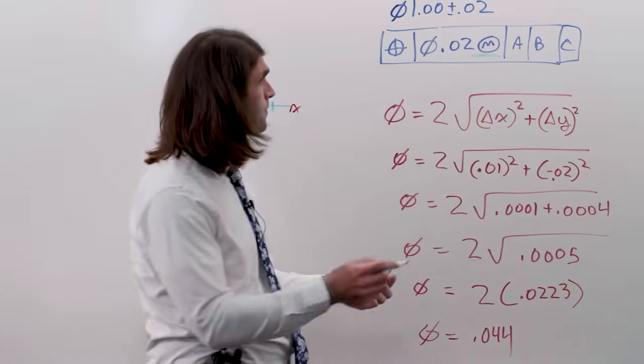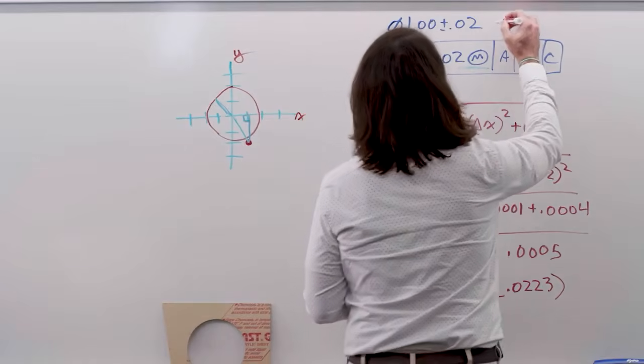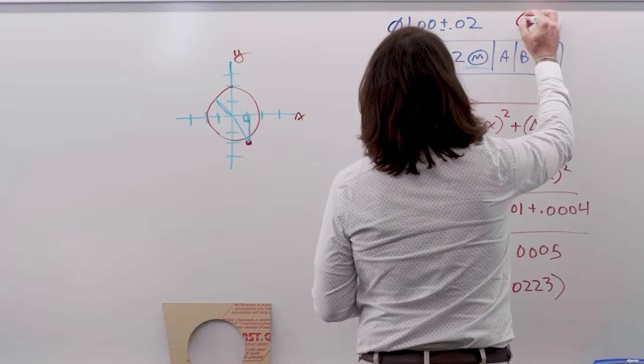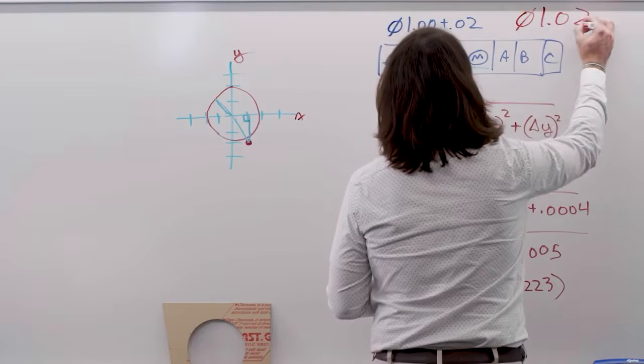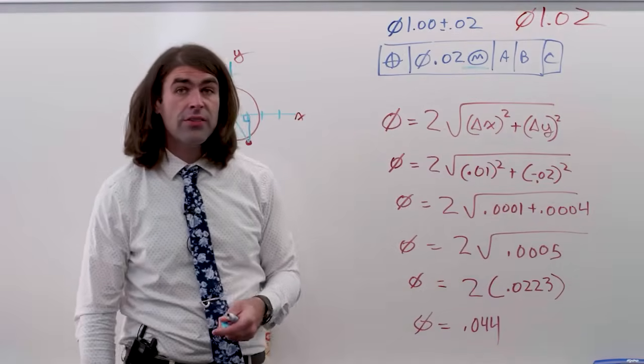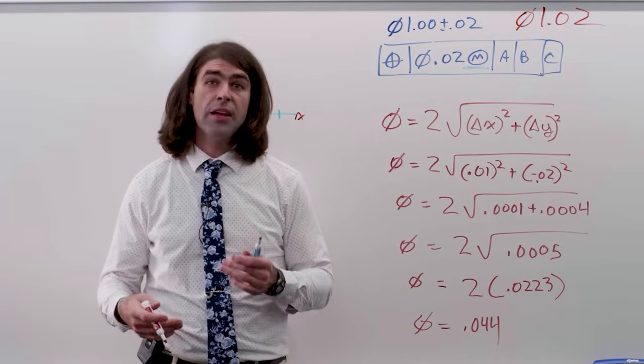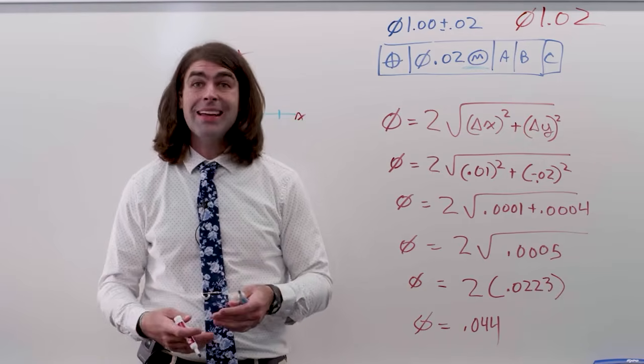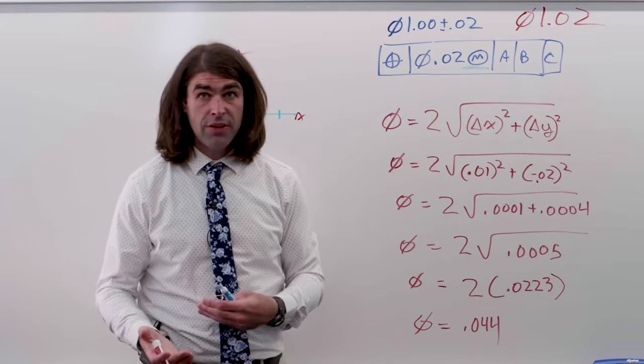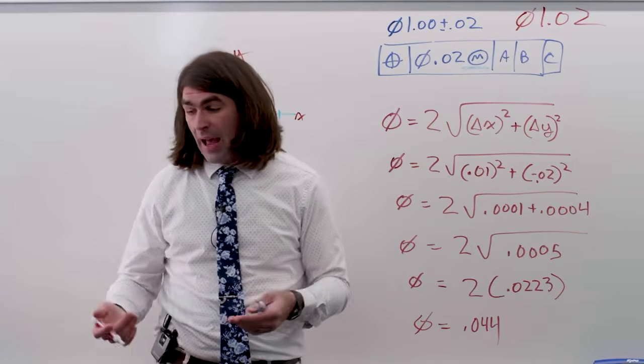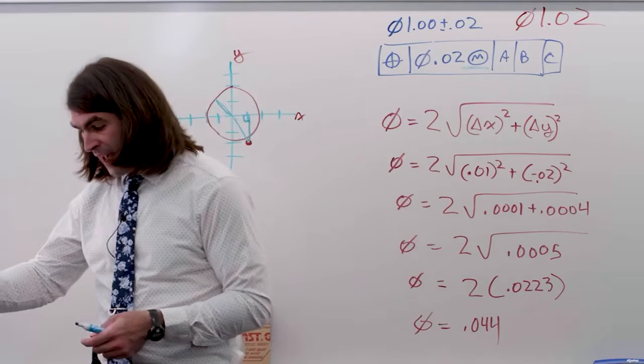So let's say our hole came in at its largest size, 1 and 20 thousandths. That means that we're going to have additional tolerance. So how much additional tolerance are we going to have?